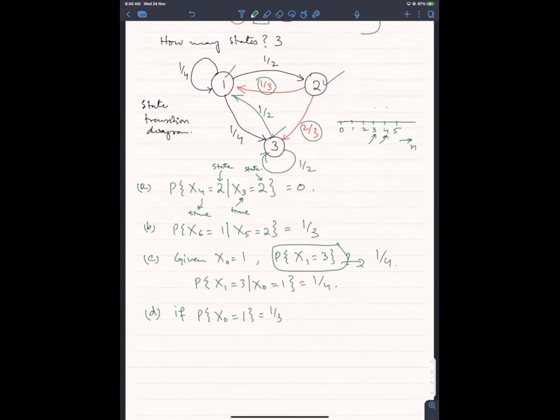So if you started with state 1 with probability 1/3, what is the probability that x naught is equal to 1 and x1 is equal to 2?